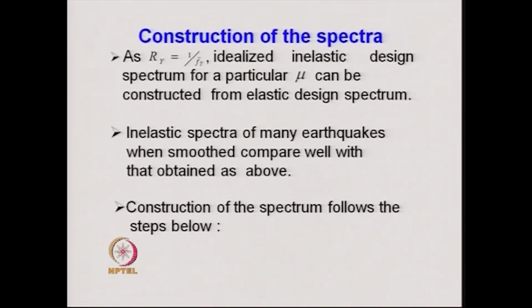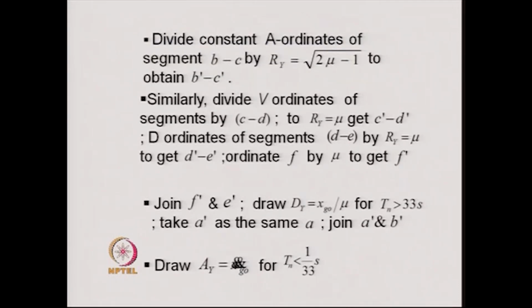The construction follows the following steps. First, we divide the constant acceleration ordinates of the elastic response spectrum for the segment B to C by a reduction factor R y equal to square root of 2 mu minus 1 to obtain the values of B dashed and C dashed.